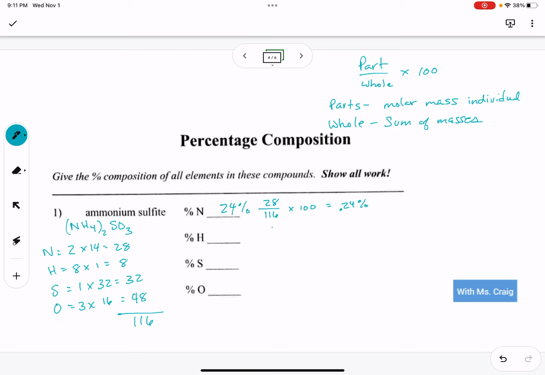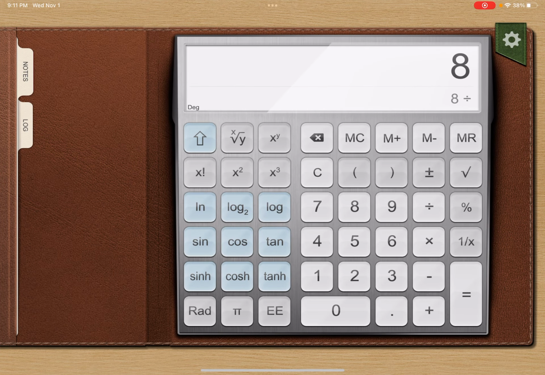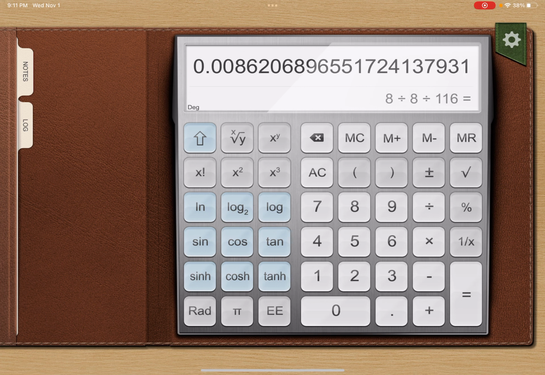Then the hydrogen will be 8 over 116 times 100.